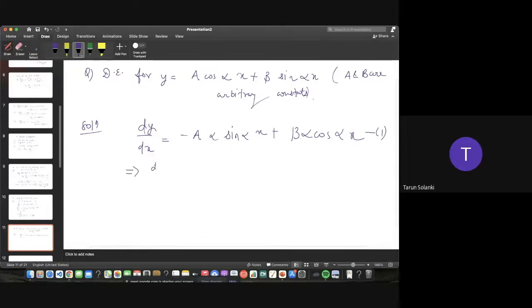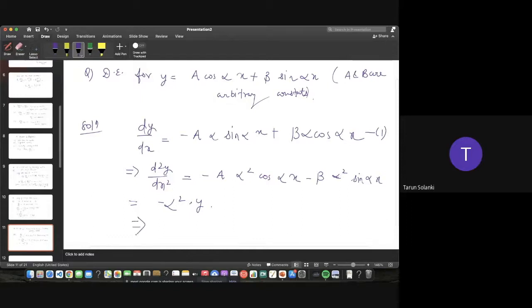Next, d²y/dx² becomes minus a alpha squared cos(alpha x) minus b alpha squared sin(alpha x). So this is minus alpha squared times y.